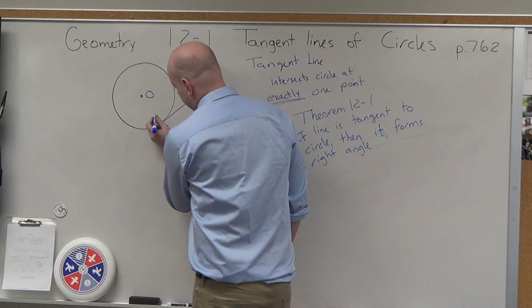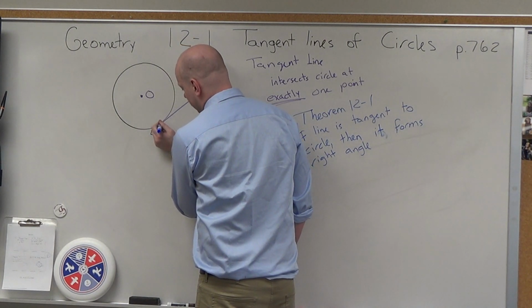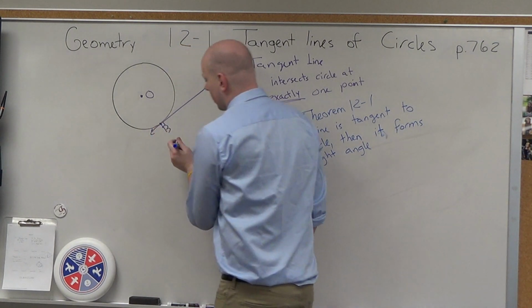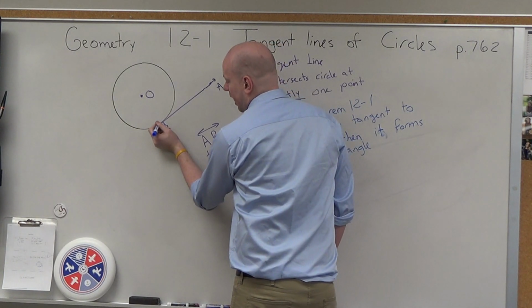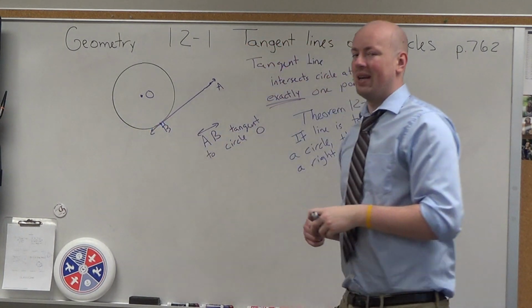So we actually get a nice little perpendicular thing that happens right here, with the edge of the circle and our line. They're actually perpendicular to each other.